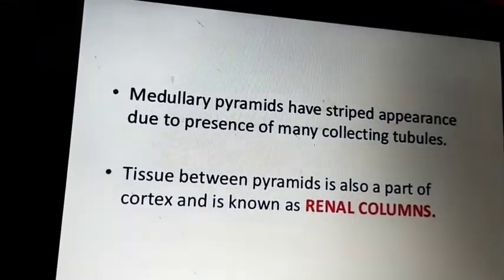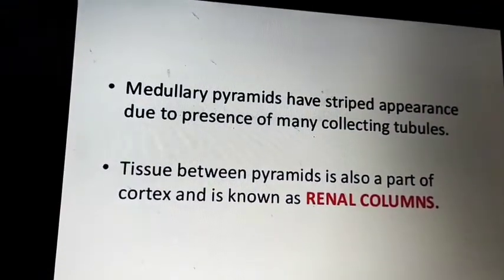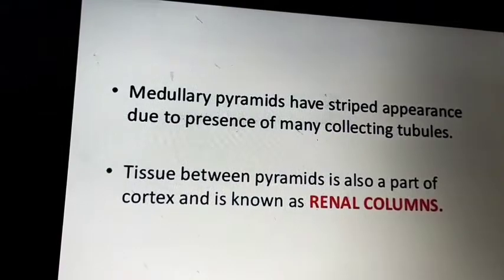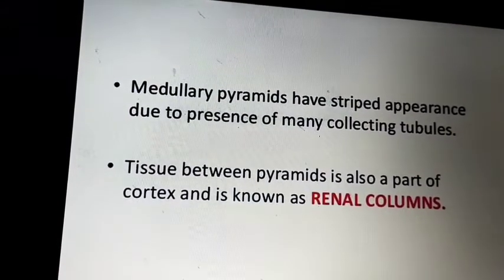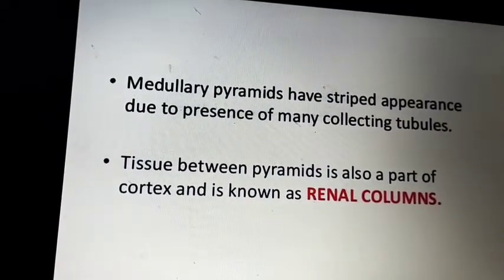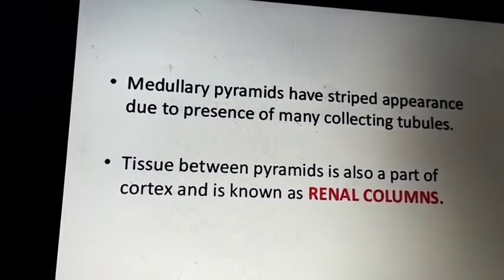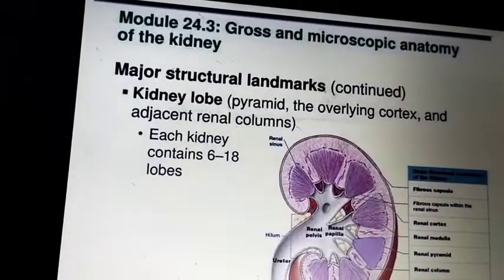Medullary pyramids have a striped appearance due to the presence of many collecting tubules or papillary ducts. The tissue between the pyramids is also part of the cortex and is known as a renal column.